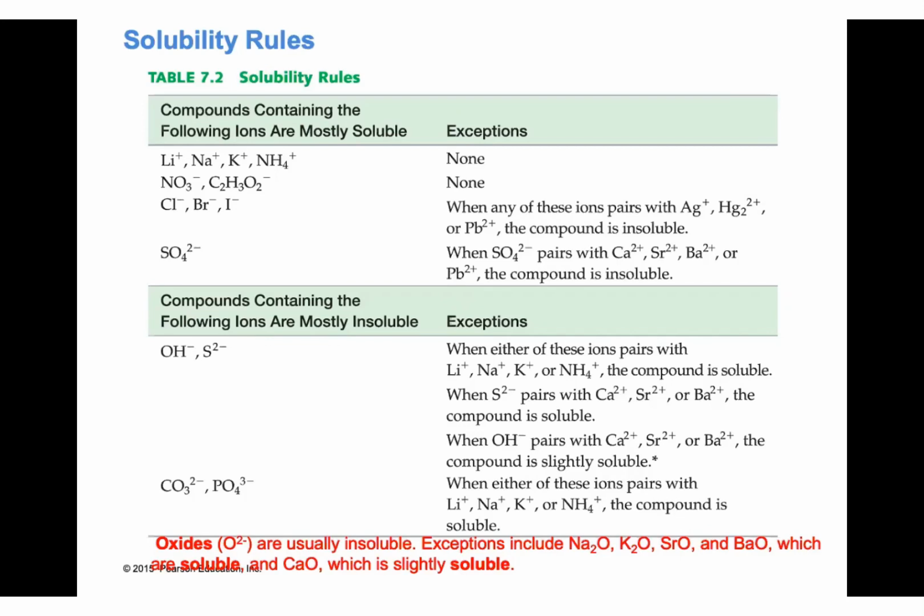If you have, for example, NaBr, you always put AQ because it is always soluble in water. As you see at the top, it says these compounds, which have these ions, are mostly soluble in water, basically. The solvent here is water.